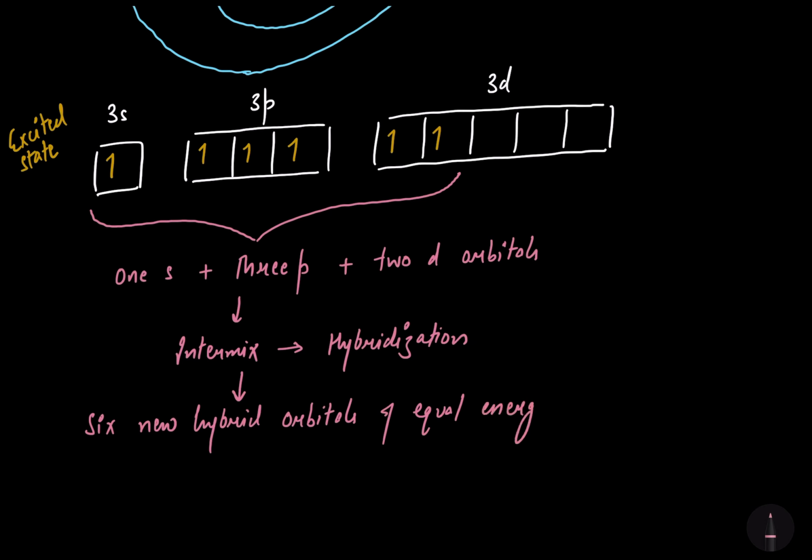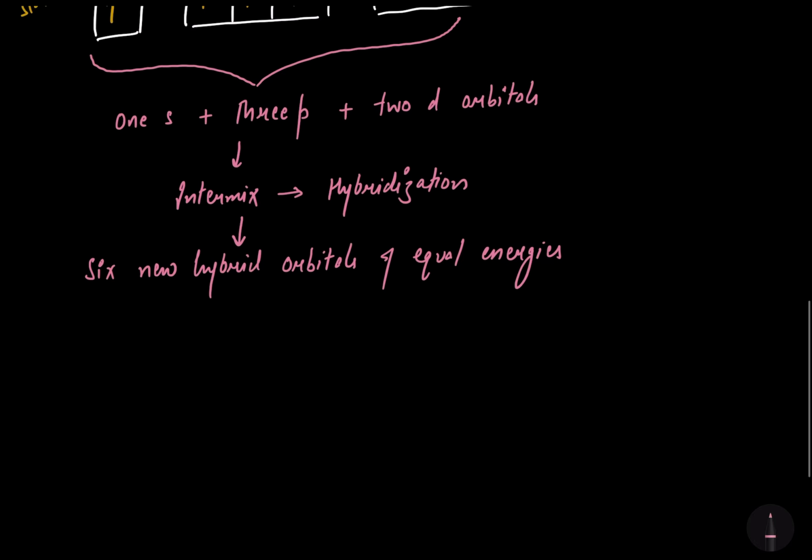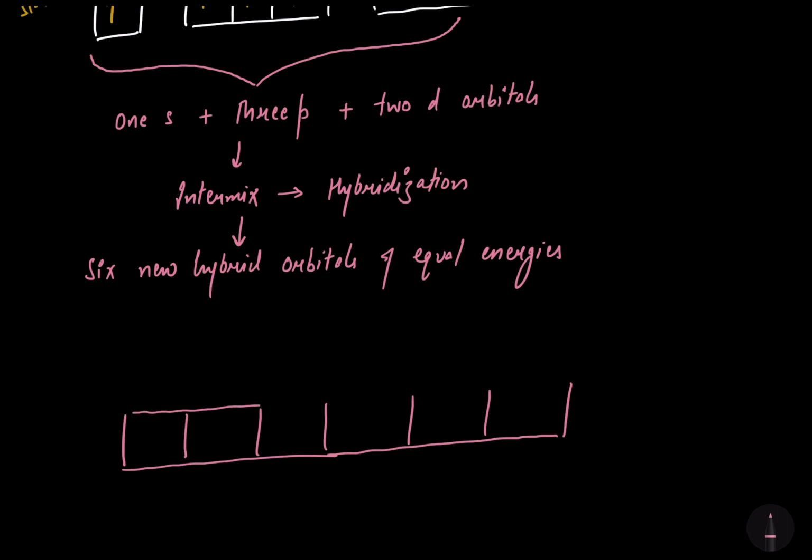That means the new 6 hybrid orbitals will be degenerate orbitals, that is with equal energies. So let's make the 6 degenerate orbitals over here. So we got these 6 new hybrid orbitals.